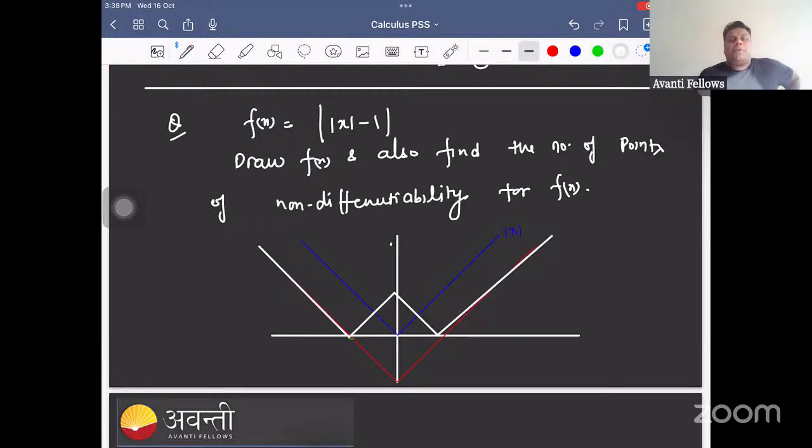So how many sharp corners are there? 1, 2, and 3. So 3 sharp corners in the graph means 3 points of non-differentiability. Am I correct? All right.